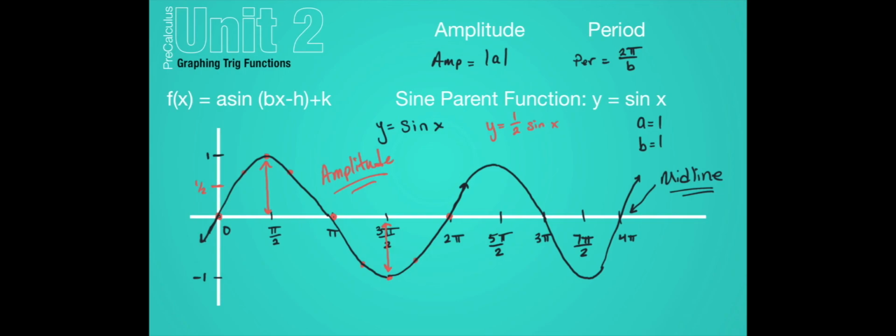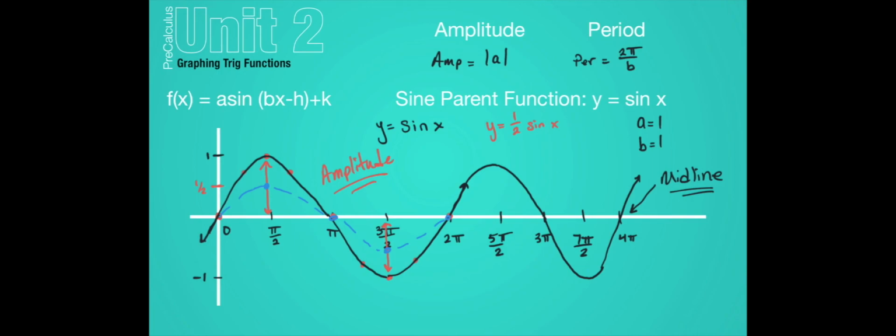I'm just going to create the maximums where we had before. The midline won't change. We're just talking about how far away it goes from its midline, and I'm only going to do just one period of it. I'll make it dotted. We see it still goes up and down and finishes in the same place, but it doesn't go quite as far. So the amplitude for this function is 1/2.